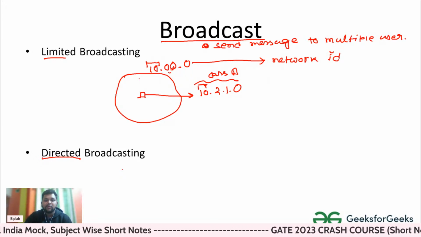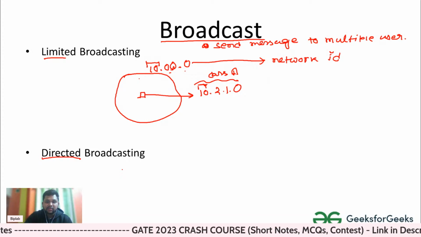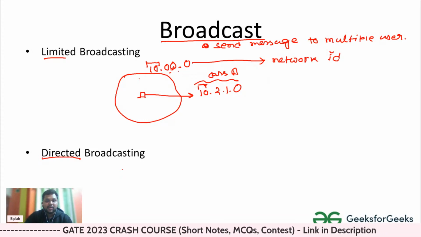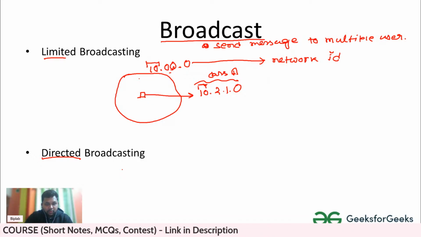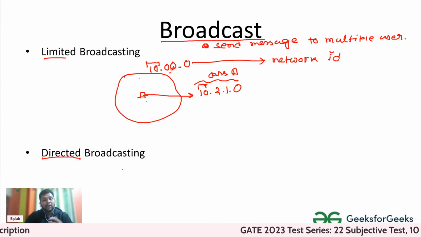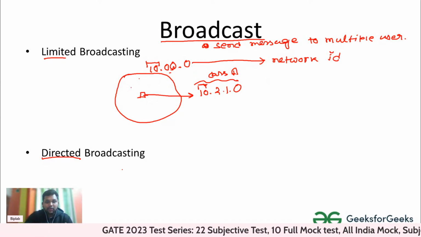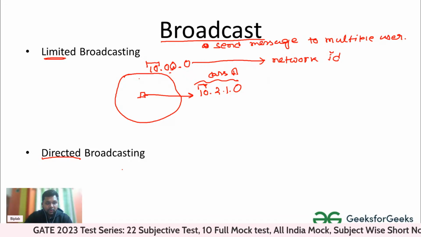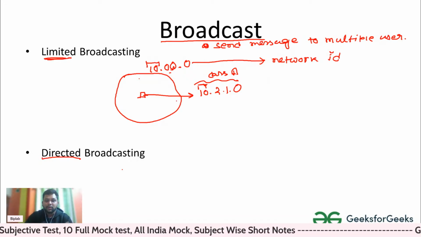When host IDs are all zero, this is used for the special case that we call network ID. So when you are this user and you want to send some message to all users, but only within your network, not the outside, that's why it is called limited. You are limited to your network.